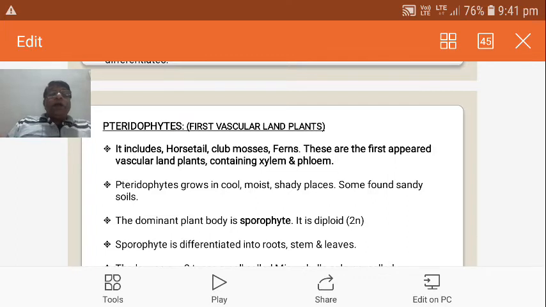That is why pteridophytes are the first vascular land plants. They are commonly found growing on land or moist soil. So that's all about the meaning of first vascular land plants.